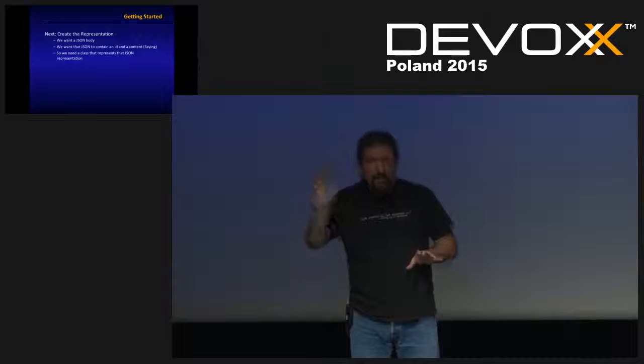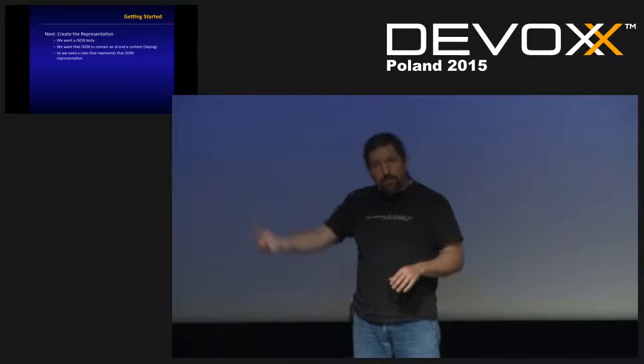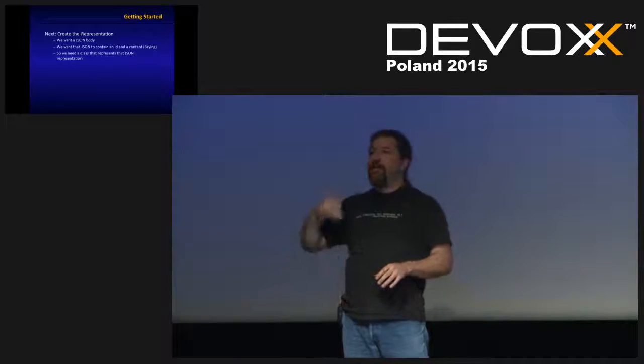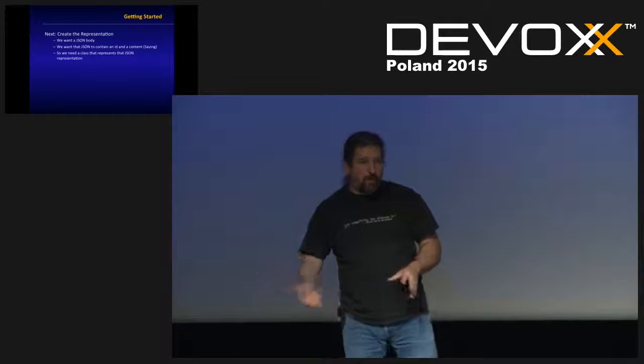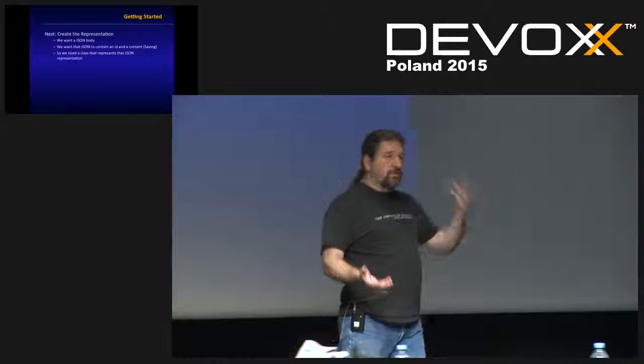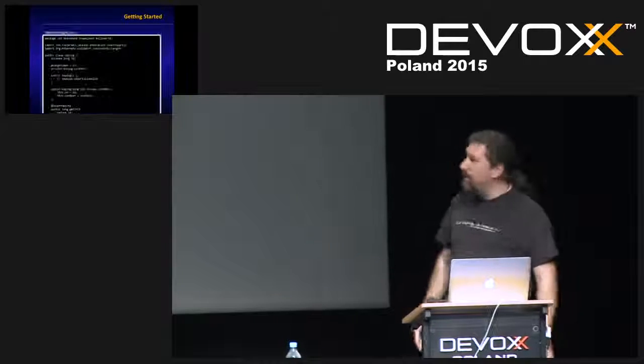So in one case, I may be looking for a PDF representation of that resource. In another case, I may be looking for an HTML representation. In yet another case, I may be looking for a pure text or a JSON representation of that resource. So representation and resource are two different things, and DropWizard tries to honor that.